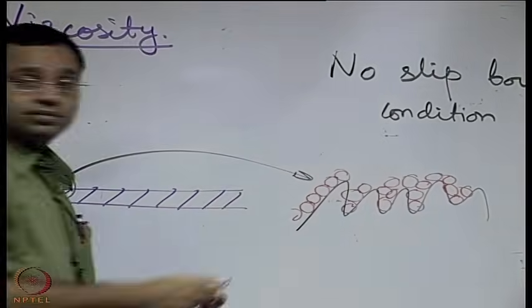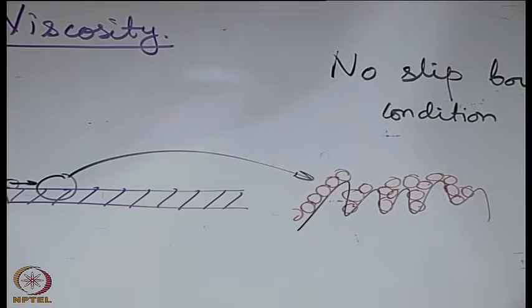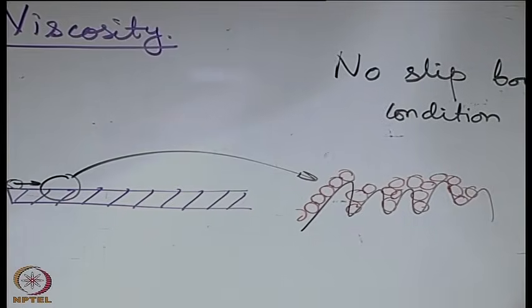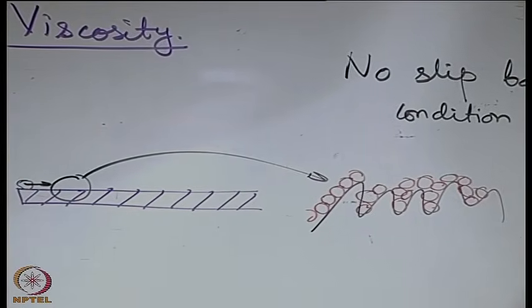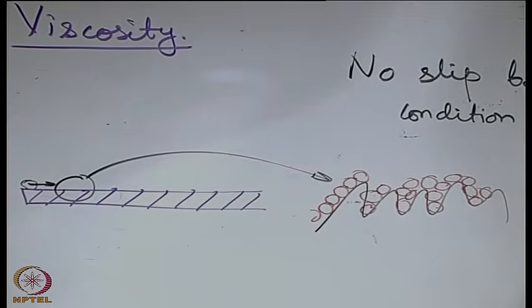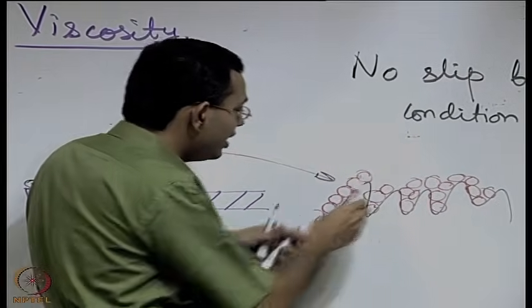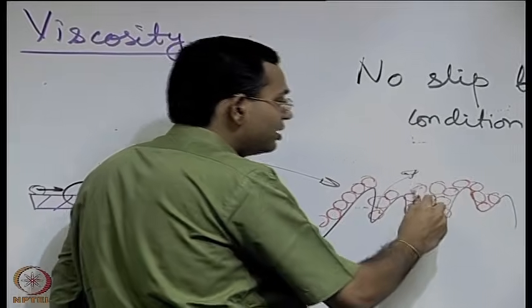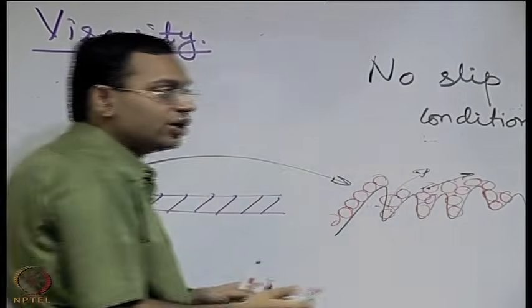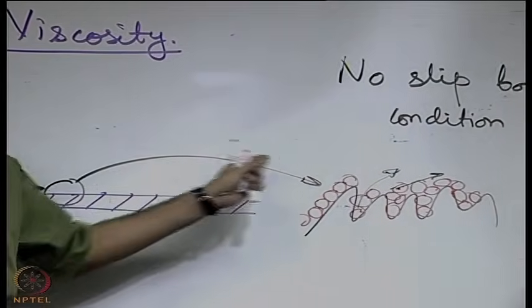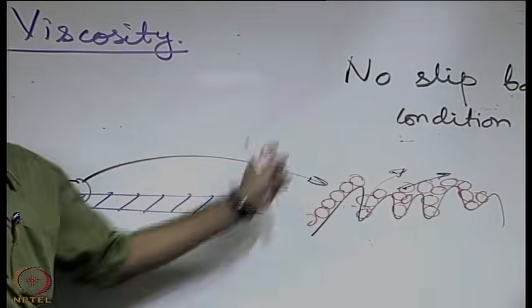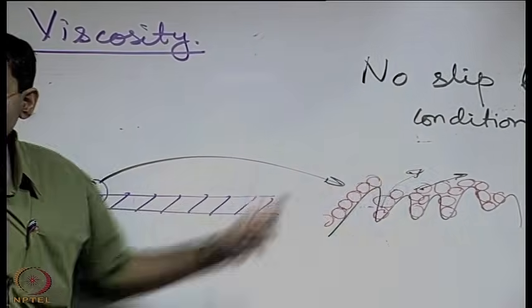At the same time, if you have a very high shear rate introduced on the liquid, say a very high rate of shear strain, what will that try to do? That will try to forcefully dig these molecules out from these locations. So in that kind of context, the liquid molecules may also slip on the surfaces.